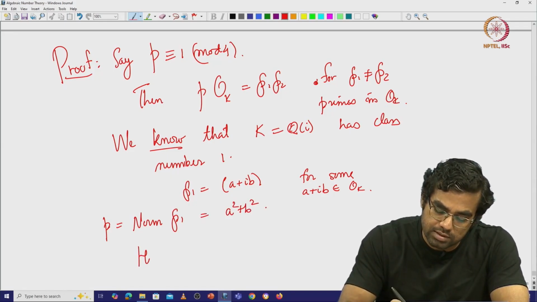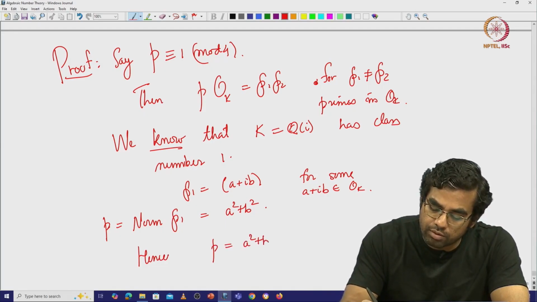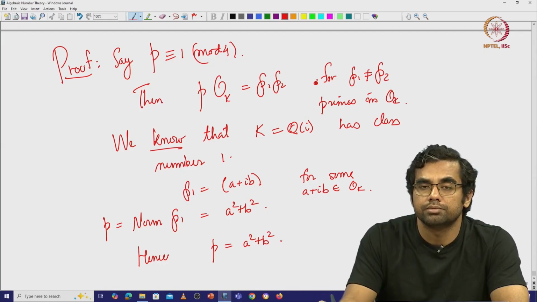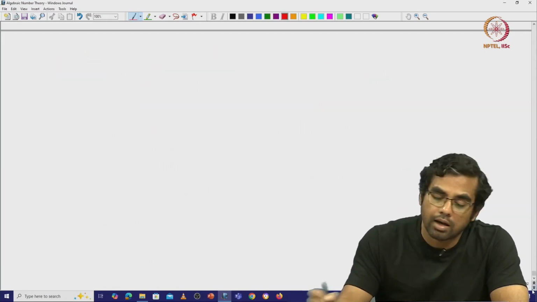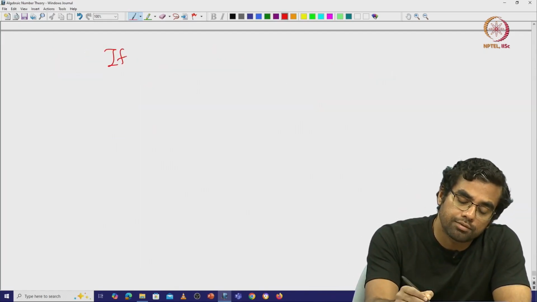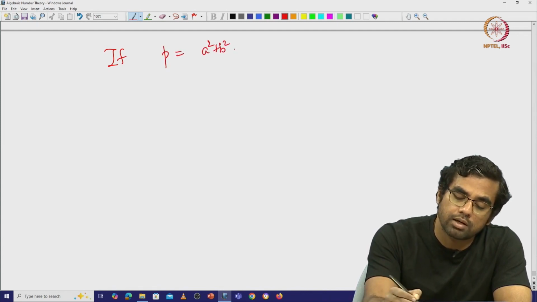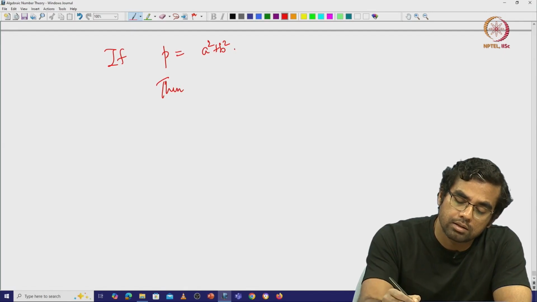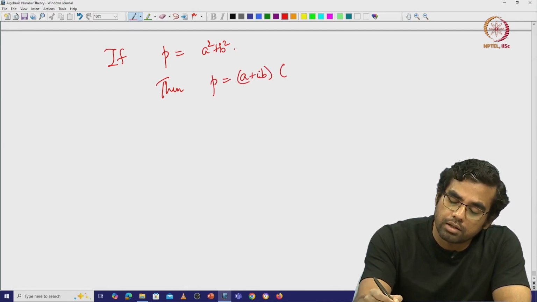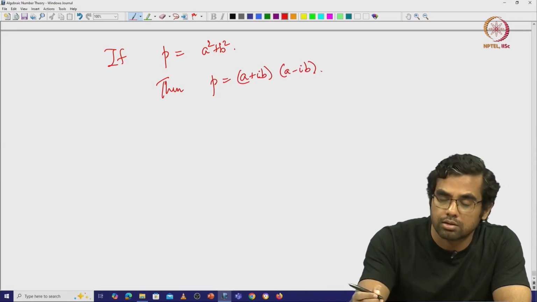Okay, so hence P is a squared plus b squared, the sum of 2 squares. On the other hand, if P is equal to a squared plus b squared, then P is also (a plus ib) times (a minus ib).